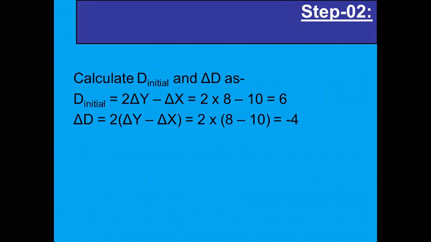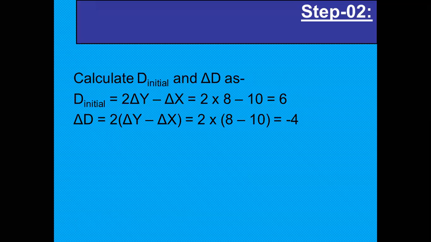Now, if you are using the Bresenham algorithm, then calculate the D initial and delta D. D initial is 2 into delta y minus delta x, and we will get 6.